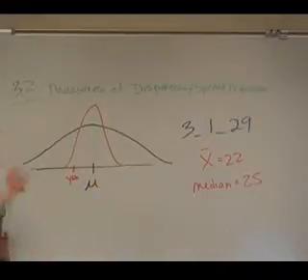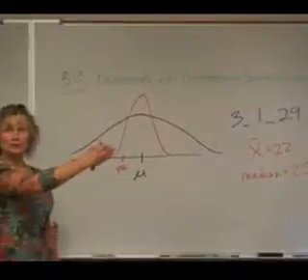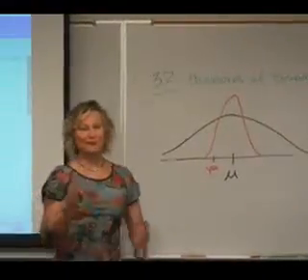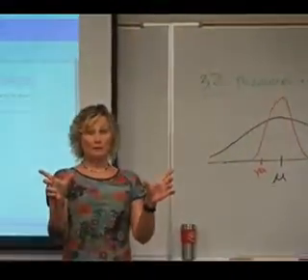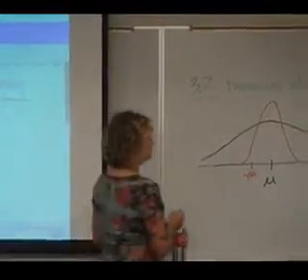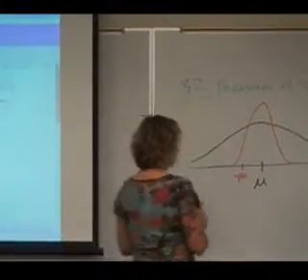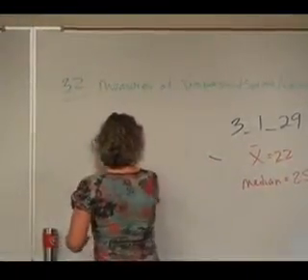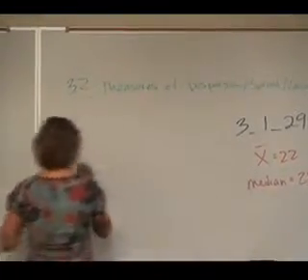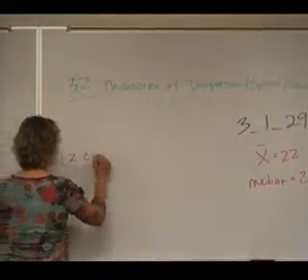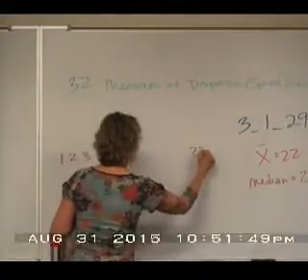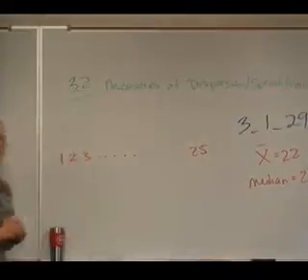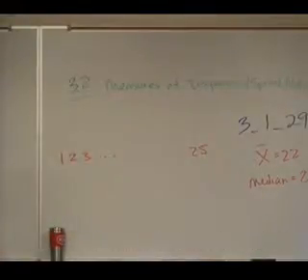You would arrange it in order, smallest to largest, and then, if there's an odd number of values, let's say there's 25 values here, you would go 25 divided by 2. We have numbers 1, 2, 3, all the way up to 25. Let's say that's an odd number, subtract 1, that's 24, divided by 2 is 12.